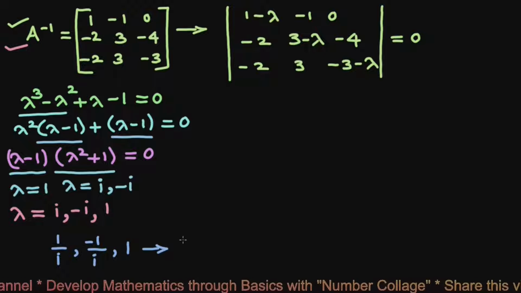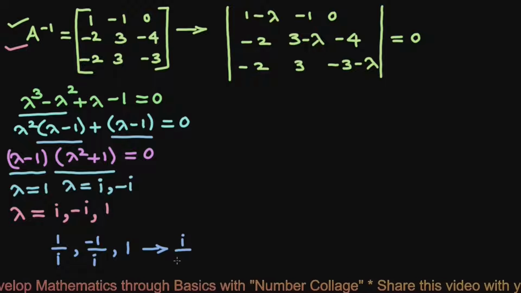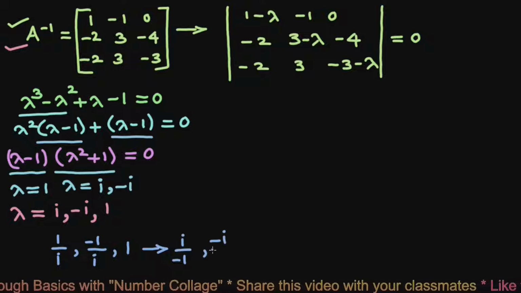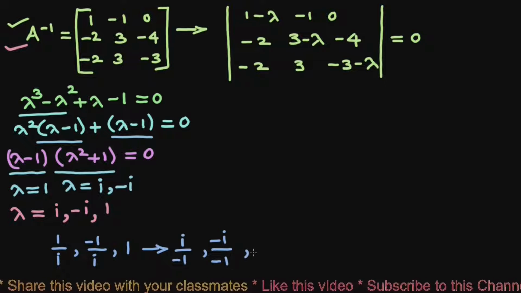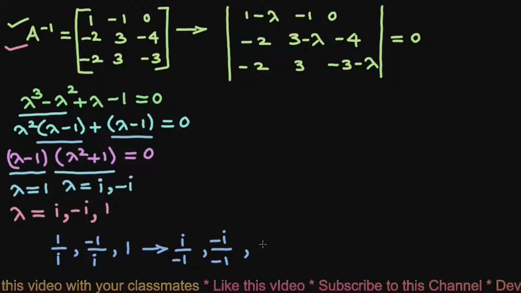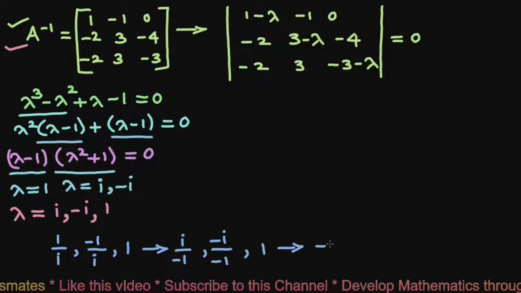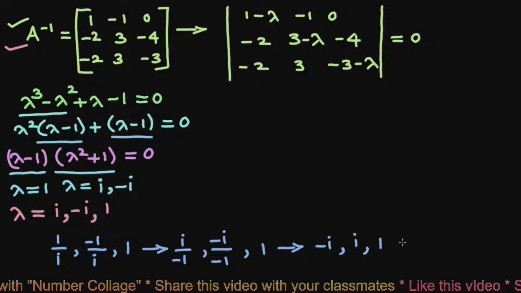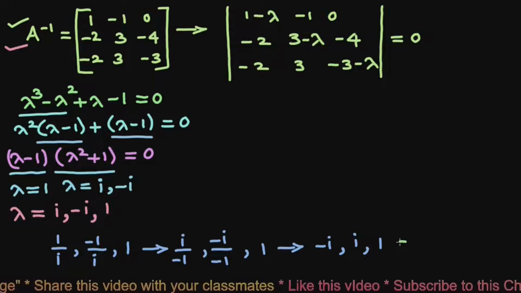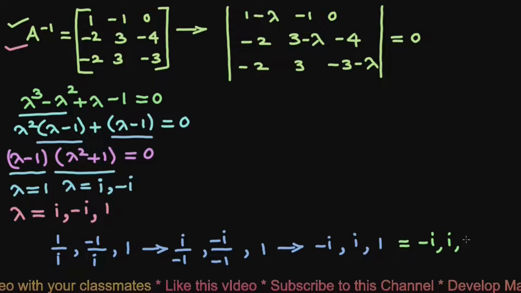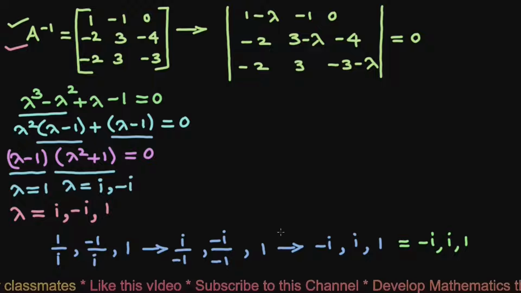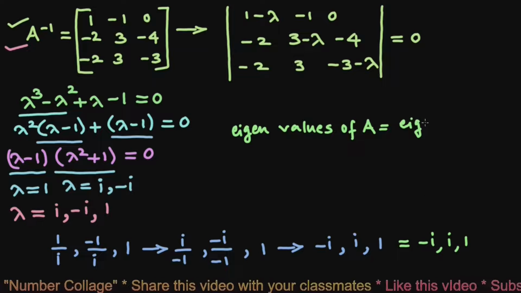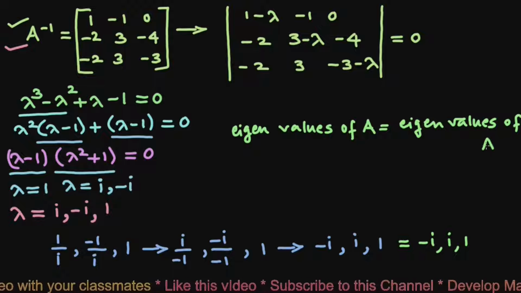So the first eigenvalue will become i upon i square, which is minus i. Next, minus i upon i square, which is i, and 1 upon 1, that will be 1. These are finally minus i, i and 1, which are the same eigenvalues of matrix A. So here it is proved that eigenvalues of matrix A equal eigenvalues of A inverse.